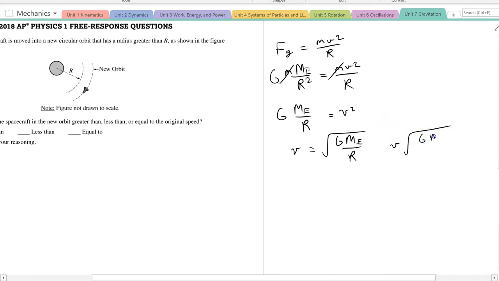What happens if I replace this with, let's just say, the new radius being 4 times its value? You can choose a huge number if you really wanted to make sense. If you choose 1000, it makes a lot of sense, but I'm going to choose 4 for a very specific reason. It's just that I can take out a square root of 4, which is 2.